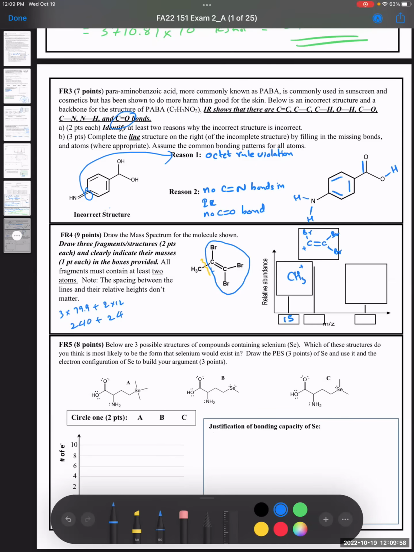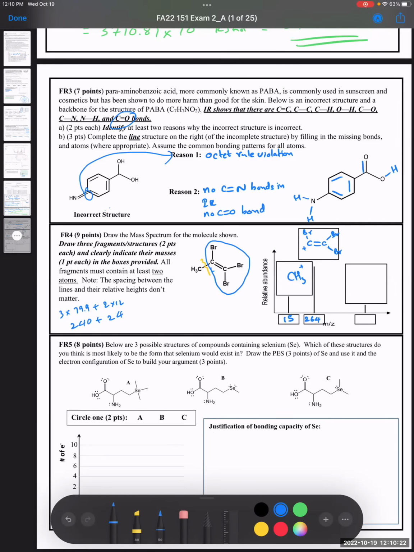Maybe a little bit less than that. Let's call it 264. If you want to be more accurate, it should be 0.3 less than that.